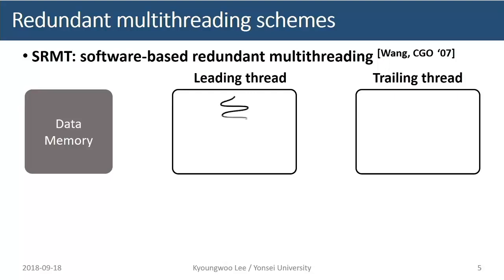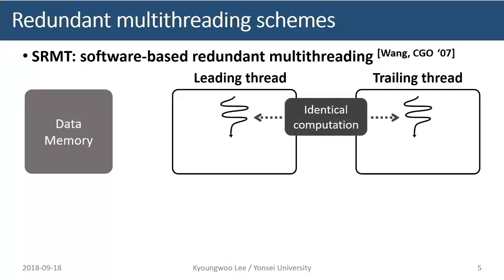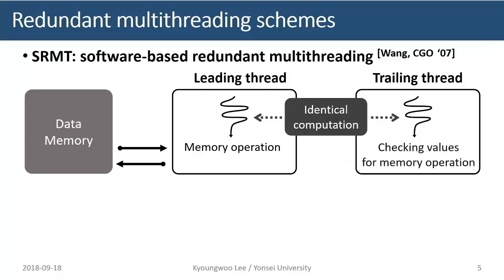They have duplicated instructions and identical computation, and at a certain point they compare the results to see whether there were errors in the computation. That certain point is the memory operation. After they reach the memory operation, they check the values for it and compare the results. If there's a mismatch, then there's an error.